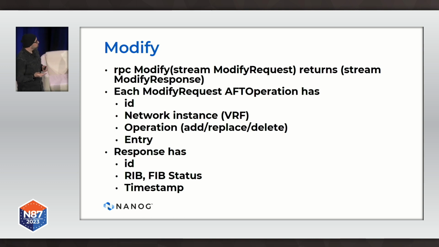It specifies the operation that we're going to apply, whether we're adding, replacing, or deleting an entry, and then it has the details associated with the entry itself. The response, which is what the router sends back to the controller, or the programming entity, sends back the ID, the status of its RIB, whether it was RIB or FIB ACK, and it includes a timestamp.